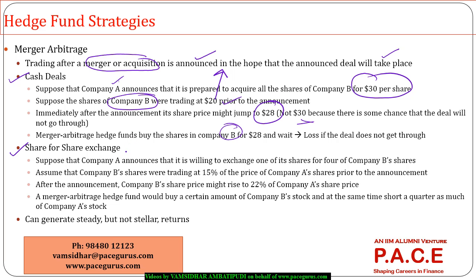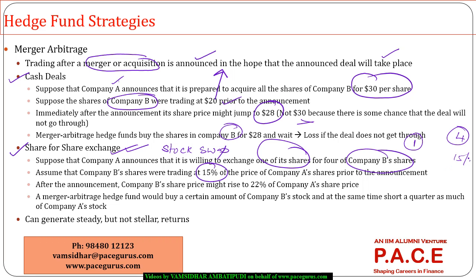The same logic applies even if it is a stock swap, or a share-per-share exchange. Suppose company A has announced that it is willing to exchange one of its shares for 4 shares of company B. So for every 4 shares of company B, it will give 1 share of company A. Let's assume that at that point, company B's shares are at 15% of company A's shares. But because it's a 1 to 4 ratio, they can go up to 25%. Generally, once the announcement is made, let's say they will shoot up to 22%. Again the same logic comes into the picture.